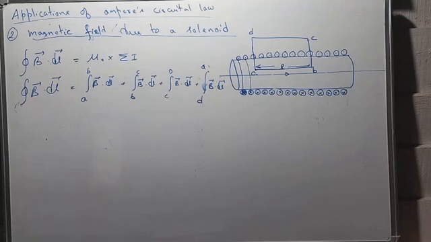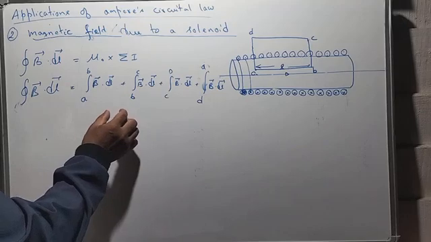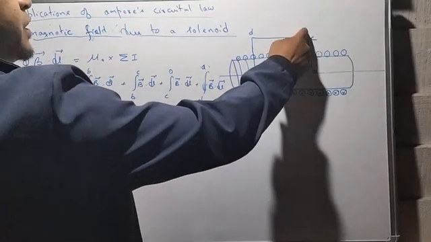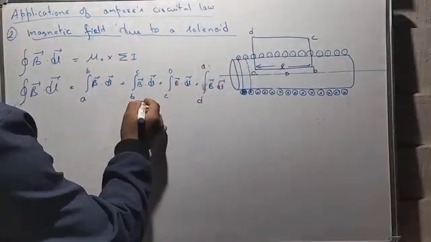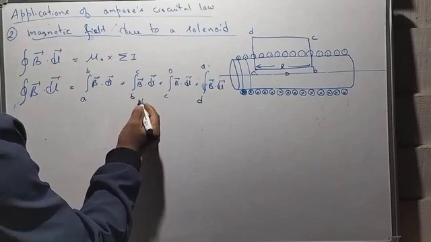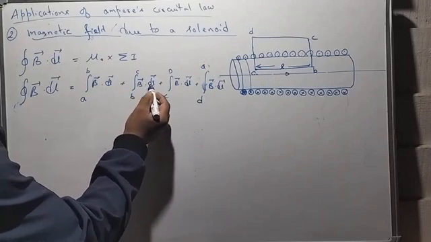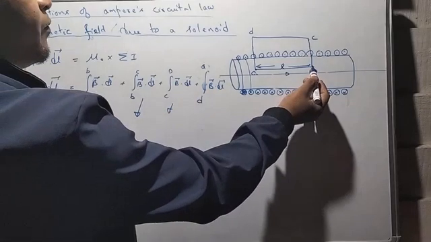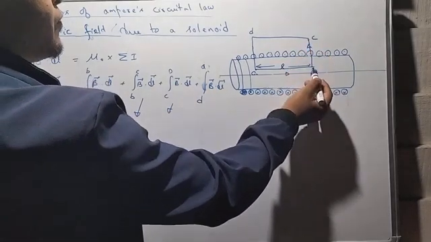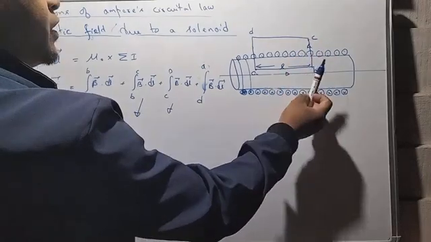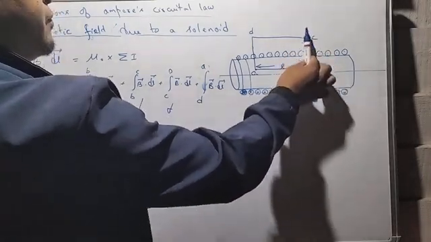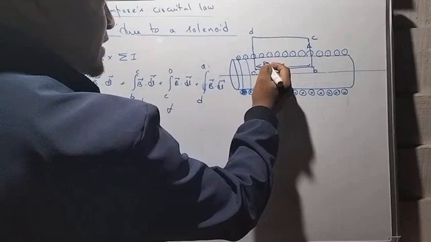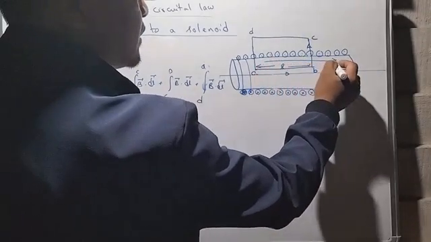Now look at the integrals from B to C and from D to A. From B to C, you are going up, whereas the magnetic field inside the solenoid is directed in this way.